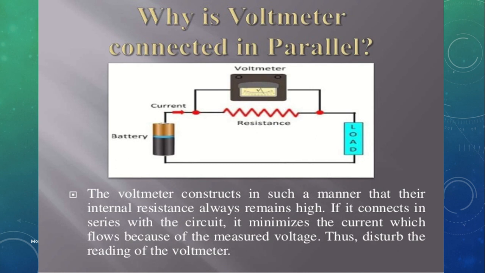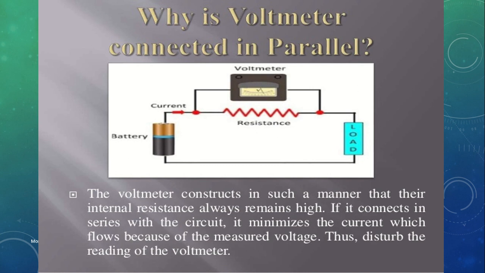So if the voltmeter is connected in series with the circuit, it minimizes the current. Why does it minimize the current? Because the internal resistance of the voltmeter is very high. If resistance is high, the current must be low. So if it is connected in series, it minimizes the current flowing through it, thus disturbing the reading of the voltmeter. So the whole circuit will be disturbed.